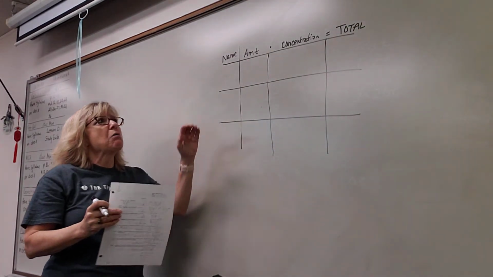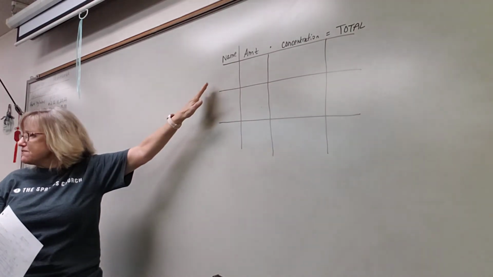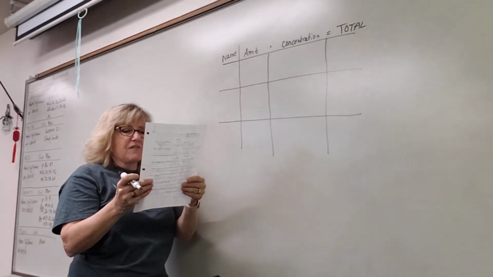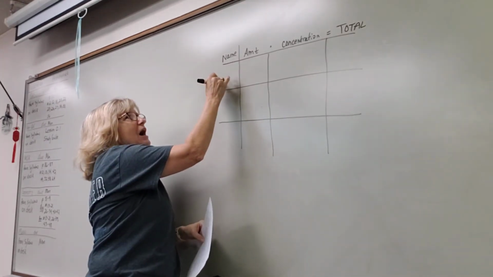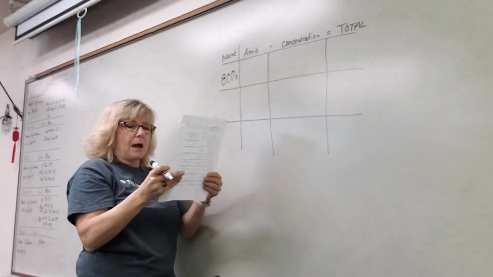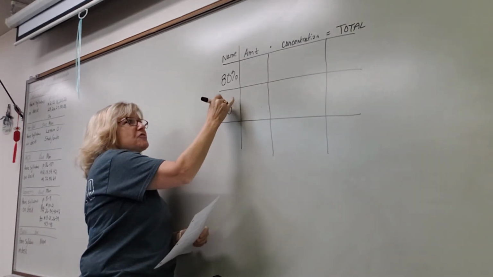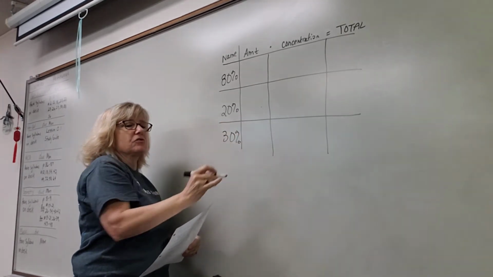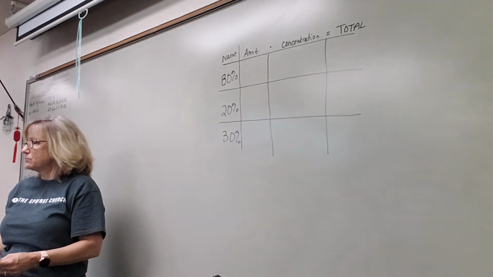Okay, so now what we'll do is we'll go back and say, what did they give me? They gave me how many liters of a mixture containing 80% alcohol. So this is my 80% solution. I'm going to add it to a 20% solution, and I eventually want a 30% solution when I'm done.